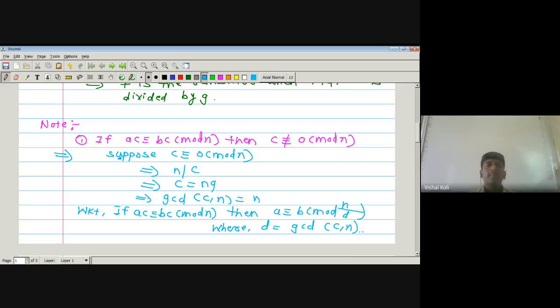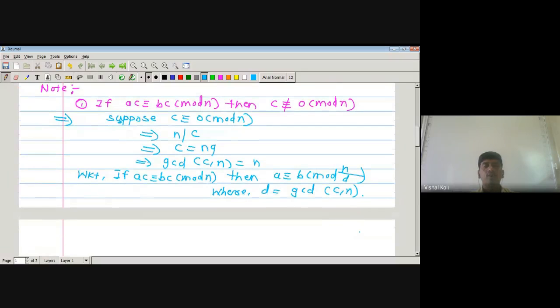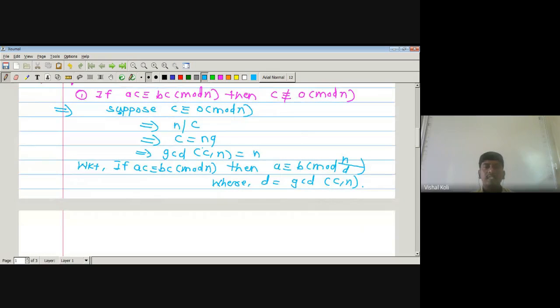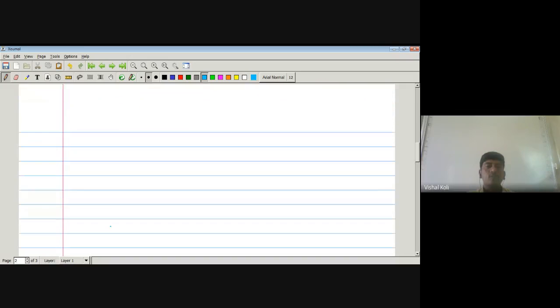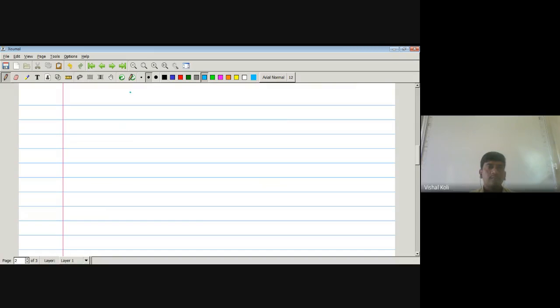Now here AC is congruent to BC modulo n and GCD of C and n is n, which implies A is congruent to B modulo n upon GCD of C and n.